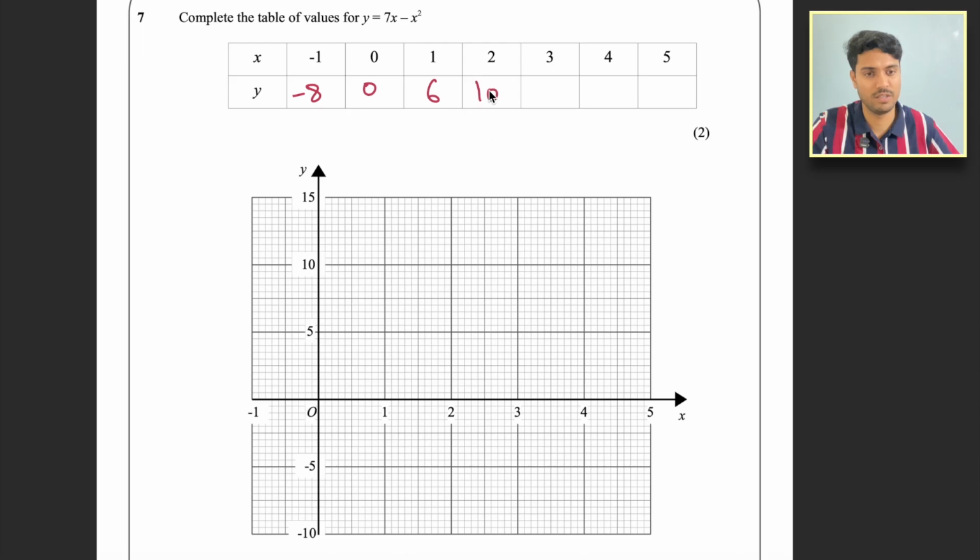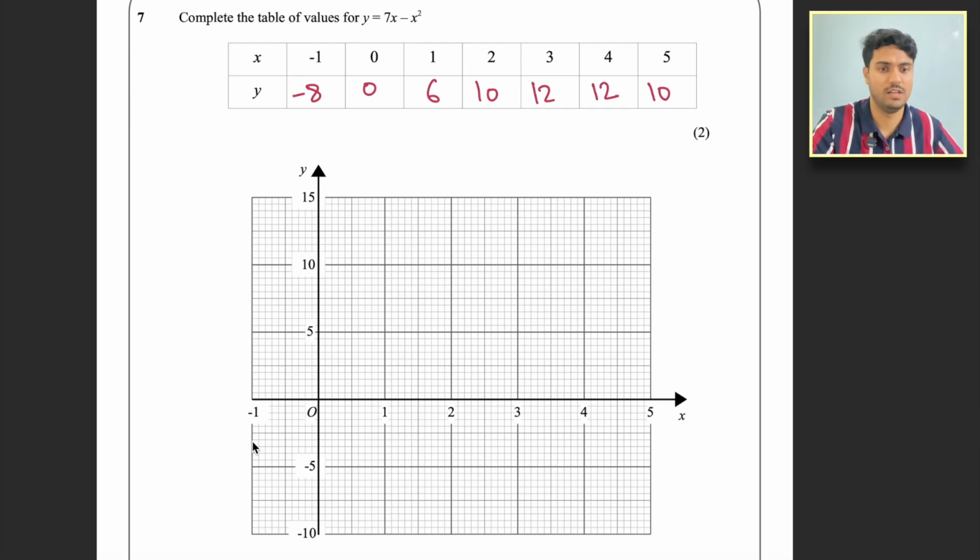At 2 it will be 14 minus 4, that is 10. At 3 it will be 21 minus 9, that is 12. At 4 it will be 12 again. At 5 it is 10.